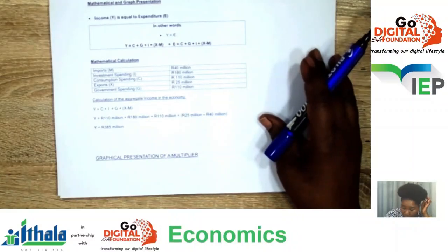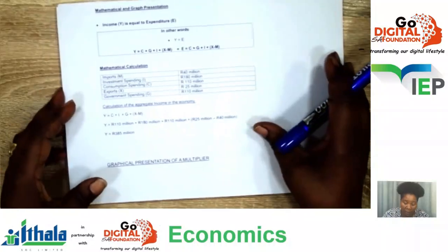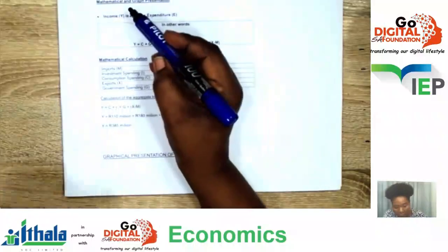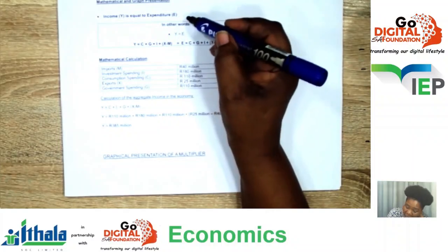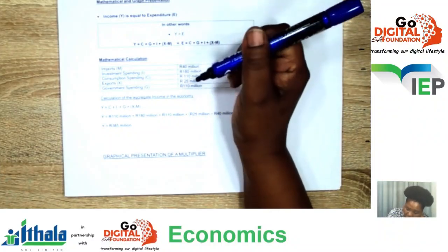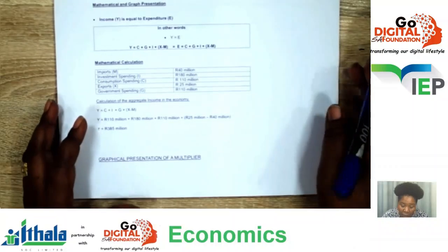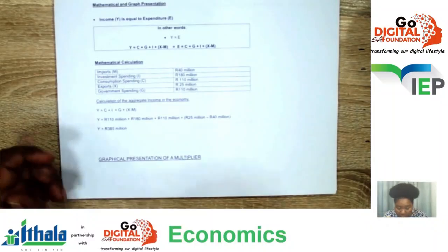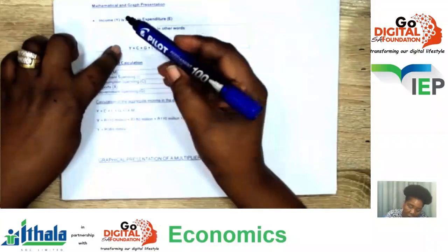We have a mathematical representation of what I'm talking about. Just now, I told you that when we talk about income, we use a Y. Then when we talk about expenditure, we use an E. These are the abbreviations that we use when we calculate. You cannot do economics without calculating. The first thing we have to calculate is what people spend. Let's start with income. Remember, I said I earn money because I've worked.